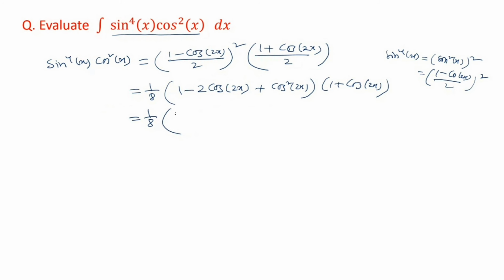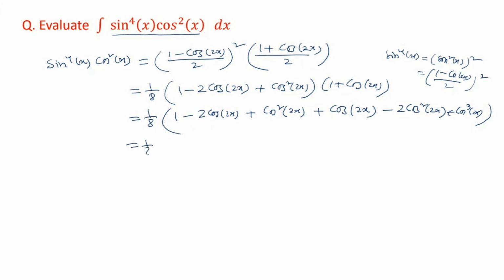So this is equal to 1 over 8. Now we'll multiply and check the powers. It will be 1 minus 2 cosine 2x plus cosine square 2x, then plus cosine 2x minus 2 cosine square 2x plus cosine to the power 3 of 2x.